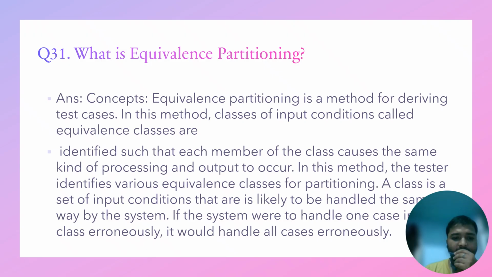The tester identifies various equivalence classes for partitioning. A class is a set of input conditions that is likely to be handled the same way by the system. If the system were to handle one case in a class erroneously, it would handle all the cases erroneously.